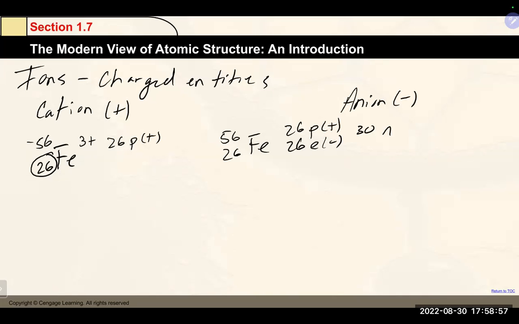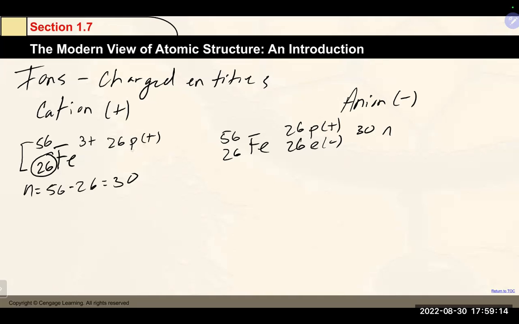It would also still have the same number of neutrons, as we would take 56 minus 26. That means the thing that changes is the number of electrons.